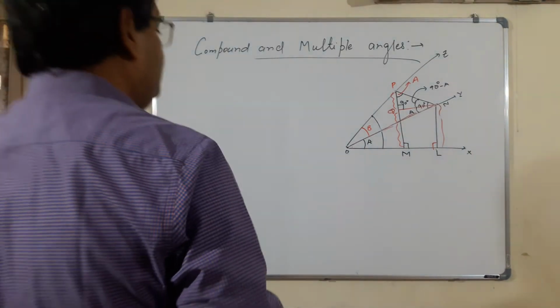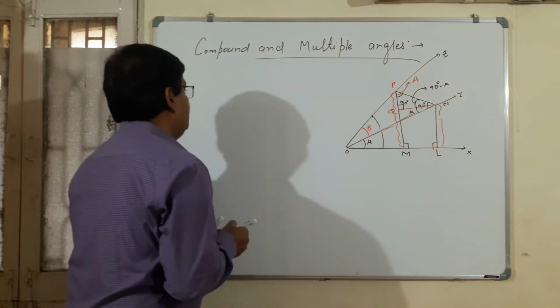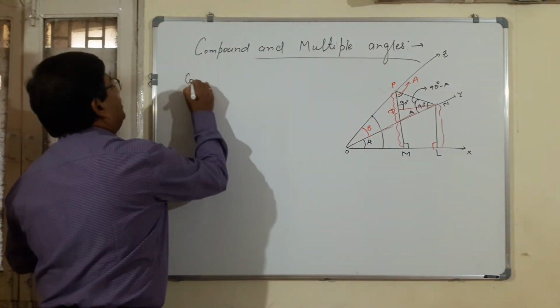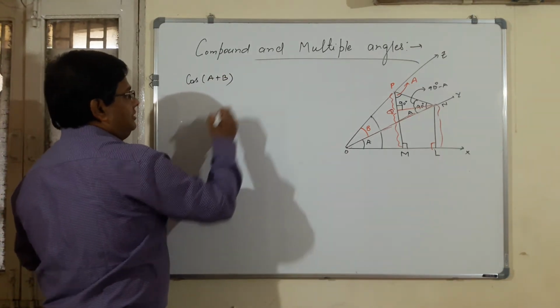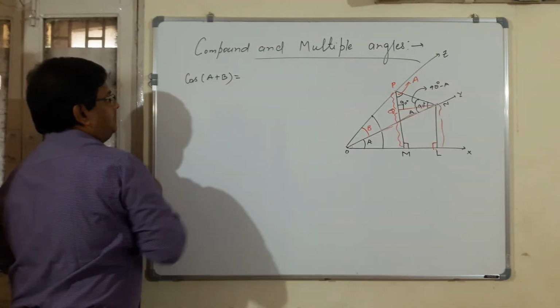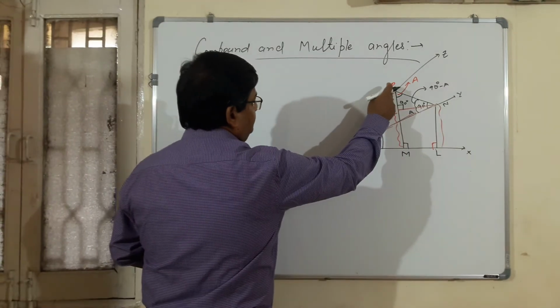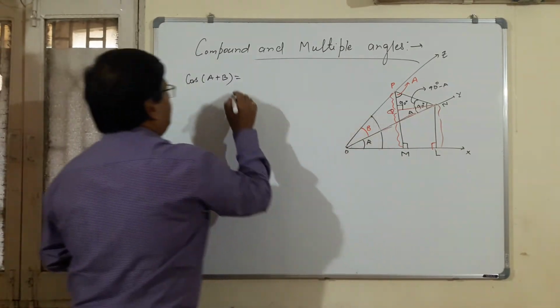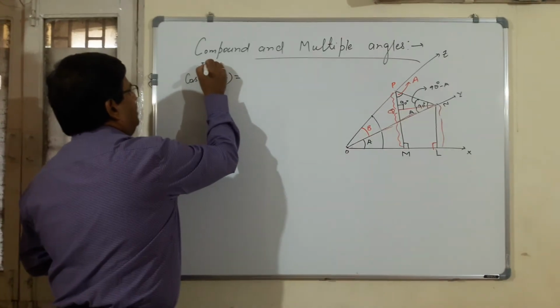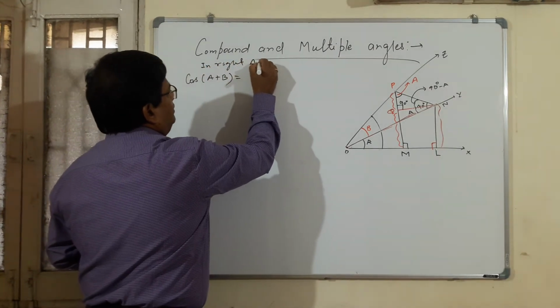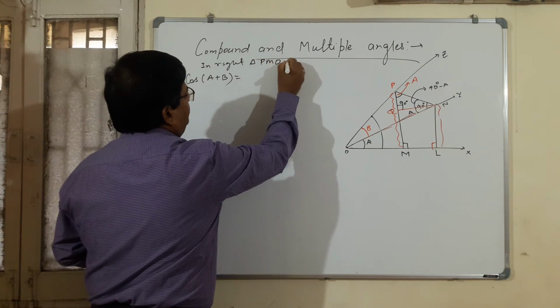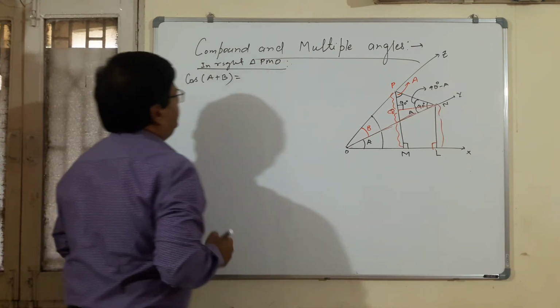Now I am going to discuss the formula cos A plus B. See here cos A plus B in right triangle PMO.